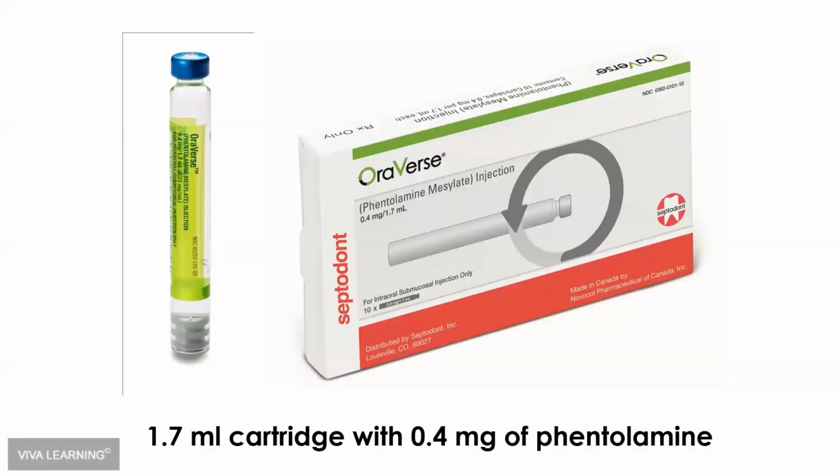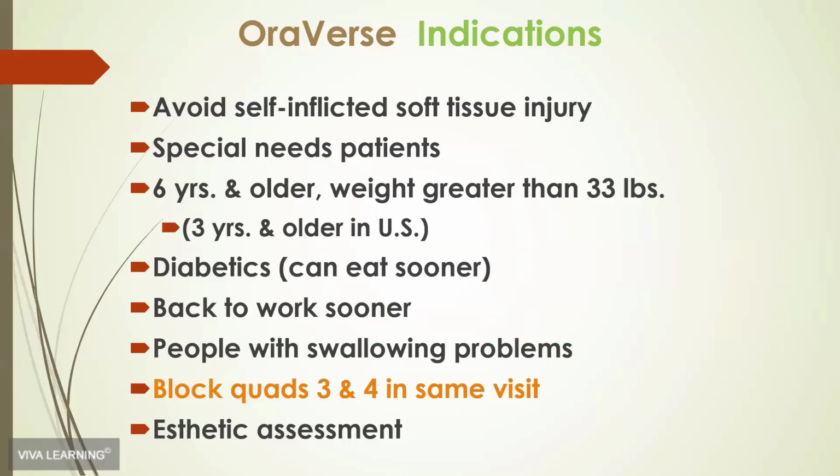So it comes in a cartridge, 0.4 milligrams, and there are lots of reasons that you want somebody to not be numb when they leave your office. Special needs people, kids, diabetics, so they can eat sooner, people who talk for their profession and are going right back to work.